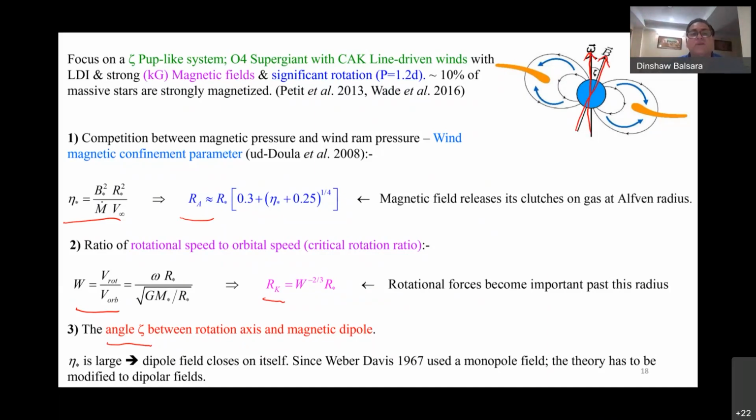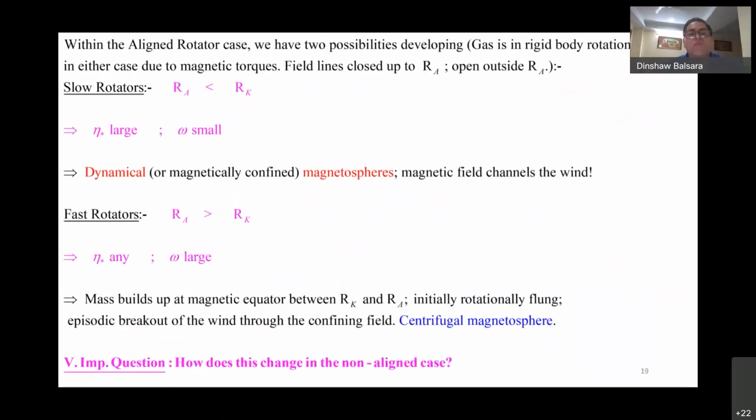So with that, we want to simulate a system like an O4 supergiant, which is Zeta Pup in this case. So we're using a template star as a way of giving us something concrete to sink our teeth into. With that, we come up with two scenarios or two parameter regimes.